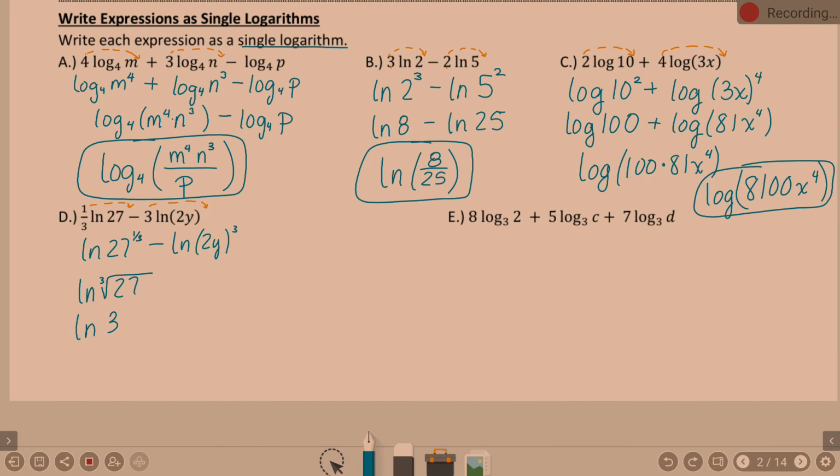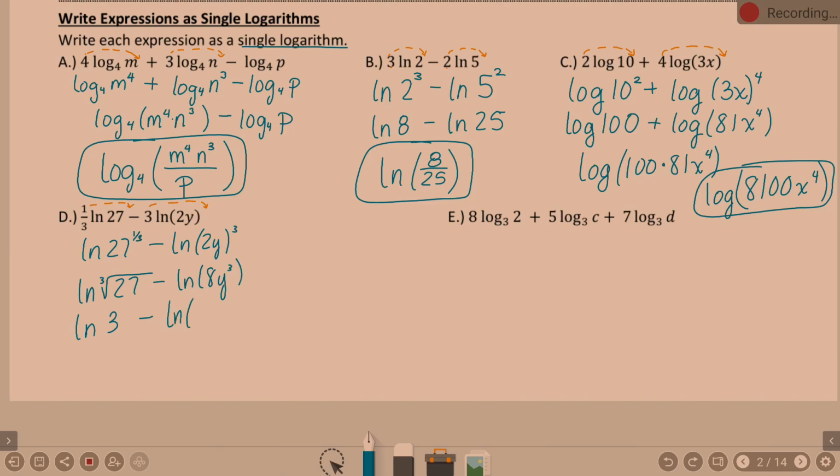Now, minus natural log of 2y cubed. What's going on here? Yeah, that 3 goes on everything, so it goes on the 2 also. So that's going to be natural log of 8y cubed.